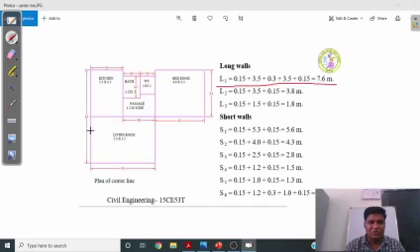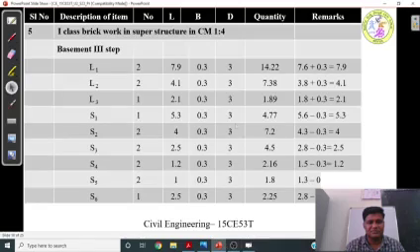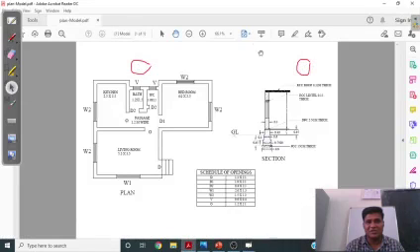There are two numbers of walls, this is 1 and this is 2. There are two long walls of L1. So L1 into, the two numbers of L1, center line length is 7.6 plus the breadth. You can see the breadth of the wall is how much?